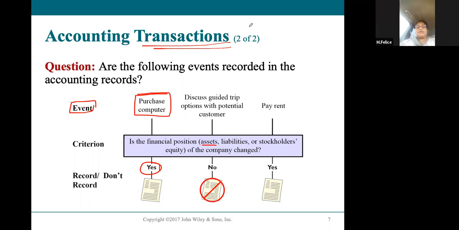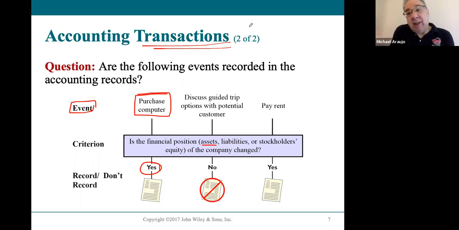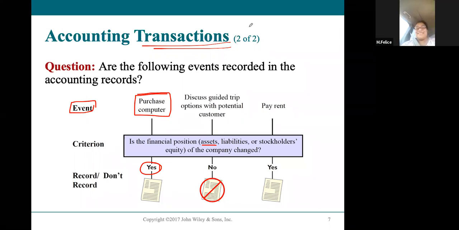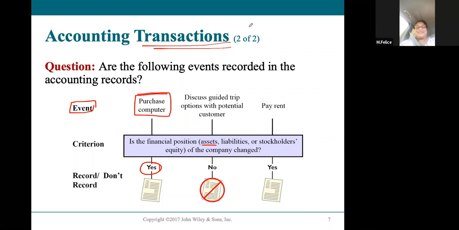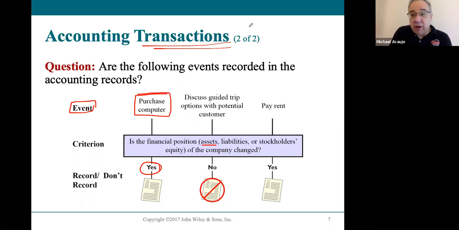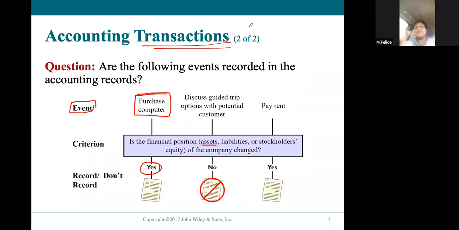Revenue and expense? No, we didn't sell anything. Remember, revenue is selling products and services. That's the only thing revenue is. When we sell products or services, that's revenue. We're not selling anything. We bought a computer for cash. It's not an expense. So it would be assets.